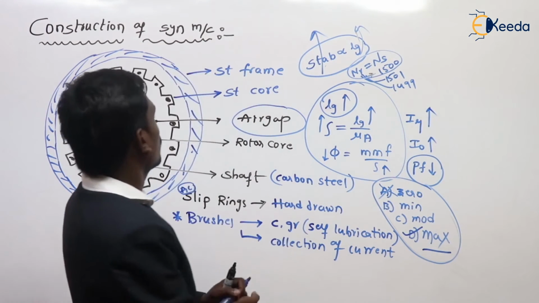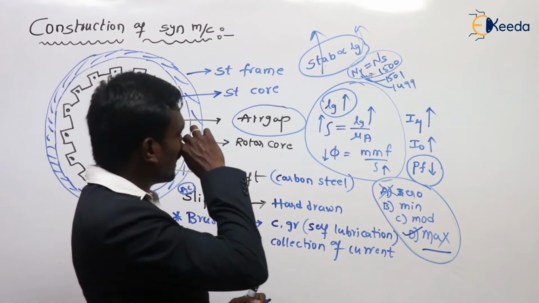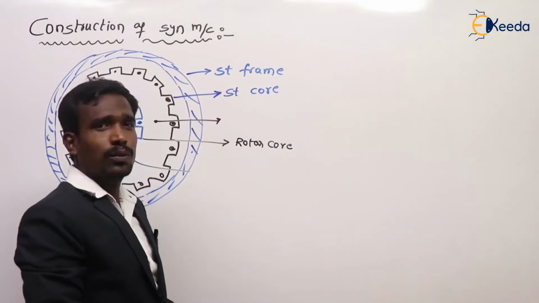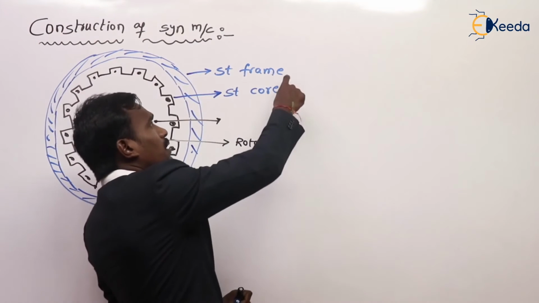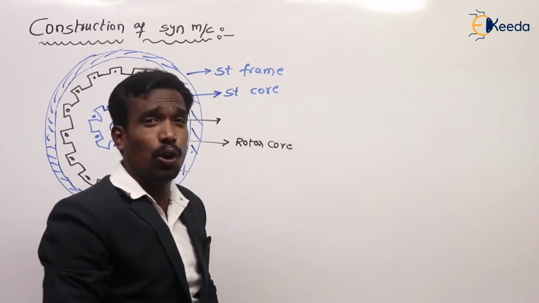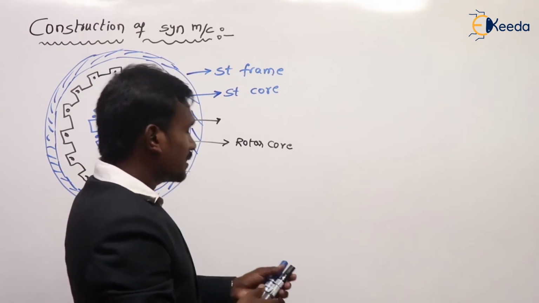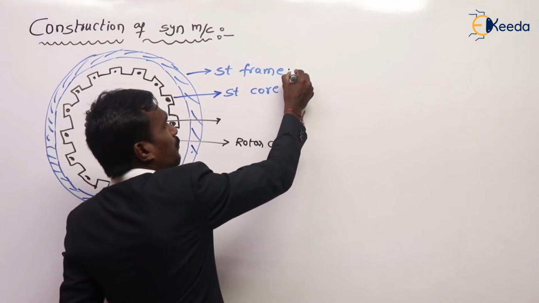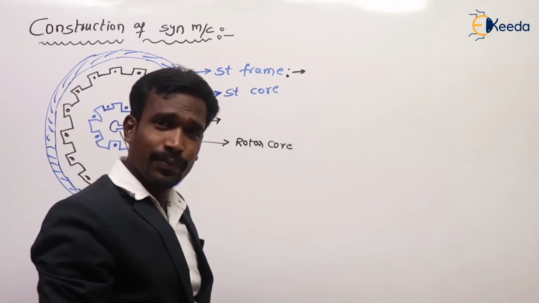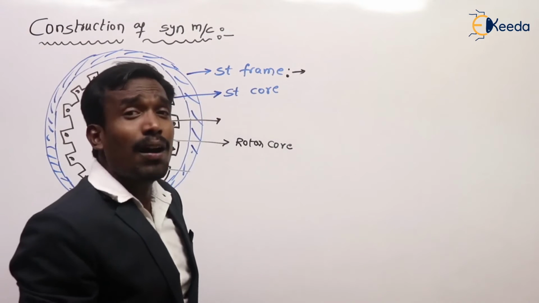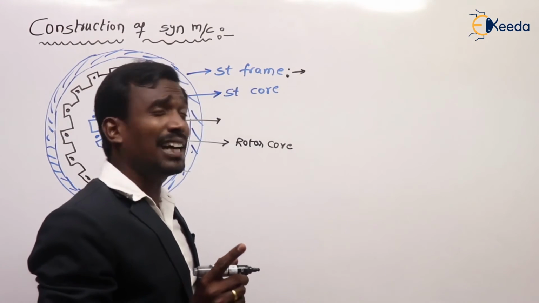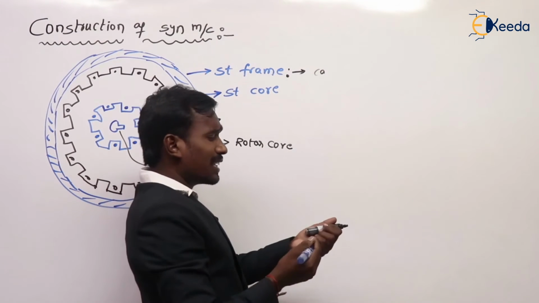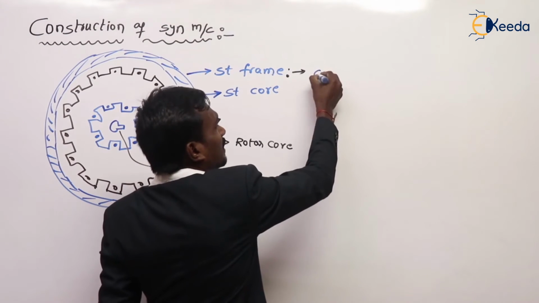Right? So now we have the stator frame, stator core, and rotor core. Let's discuss these things, starting with the stator frame and stator core. Tell me the answer. The stator frame is made up of cast steel or cast iron.